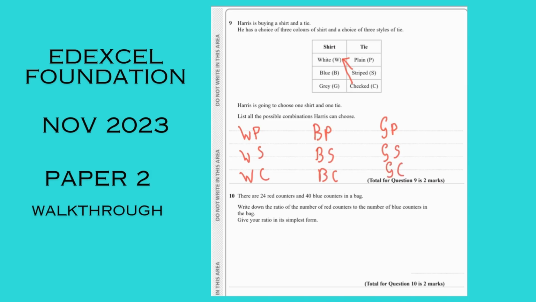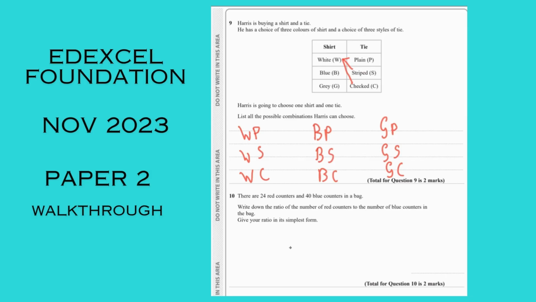Don't have to be in that order, but being systematic means you've got a better chance of not missing anything out. As long as you've got all 9 with no repeats and nothing missing, it's all good for the 2 marks.